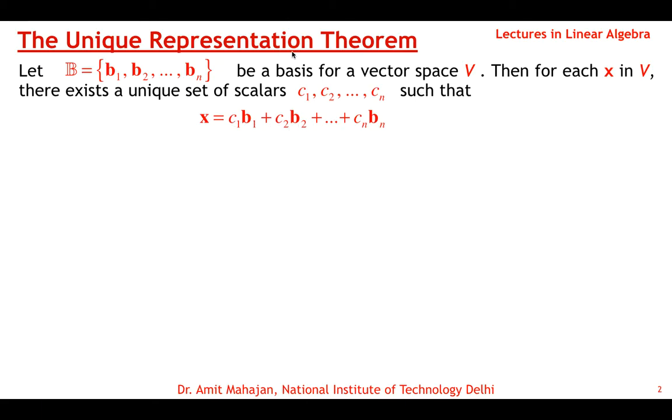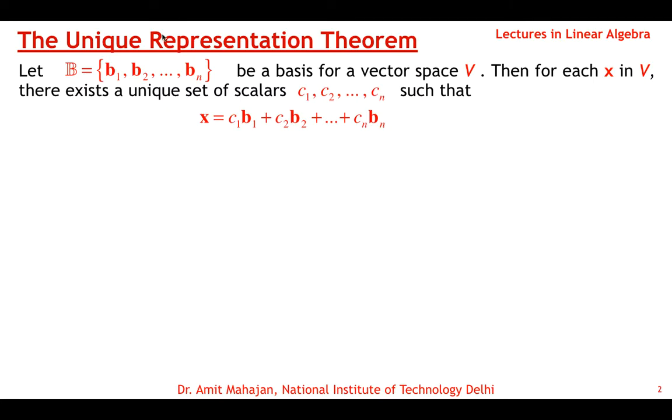We know that b1, b2, bn are a basis for V, so any vector in the vector space can be written as a linear combination of basis elements. So we can write x as a linear combination of b1, b2, bn for scalars c1, c2, cn.